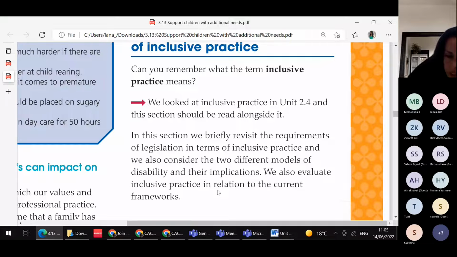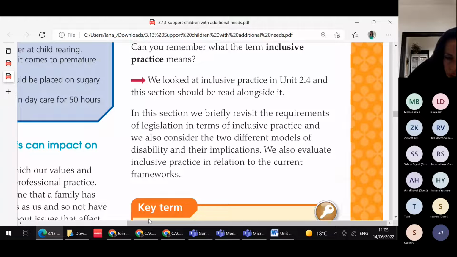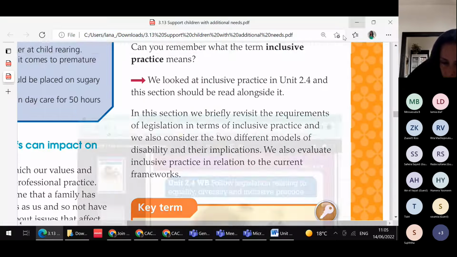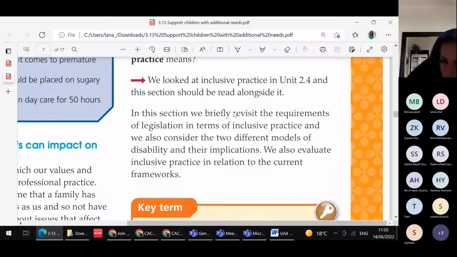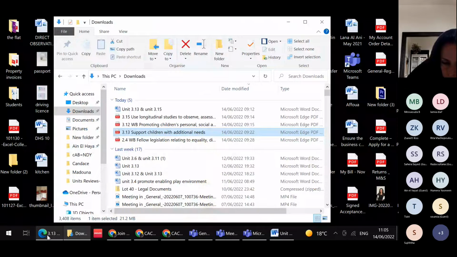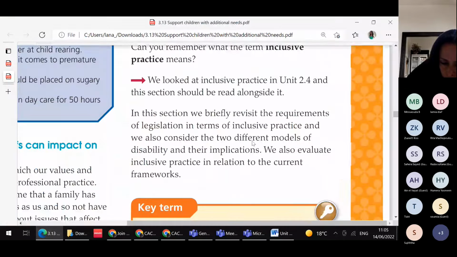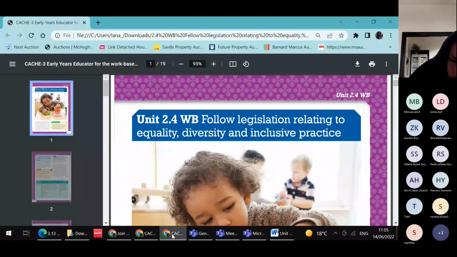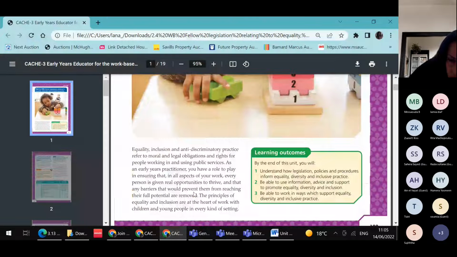So let me, because here it says 2.4, I opened 2.4 for you so we can remember the legislation. I'm going to send it after the class so you don't look for 2.4 straight away. This is 2.4, inclusive practice.